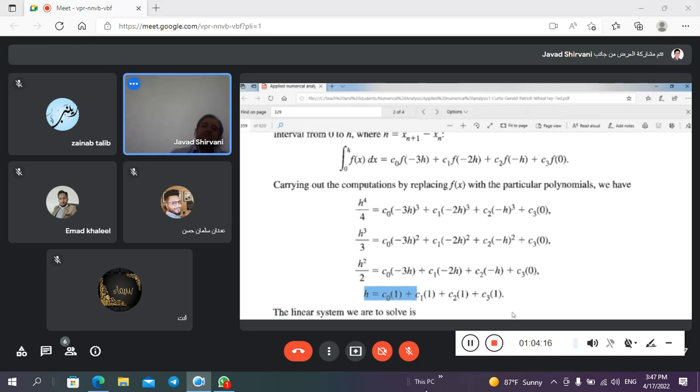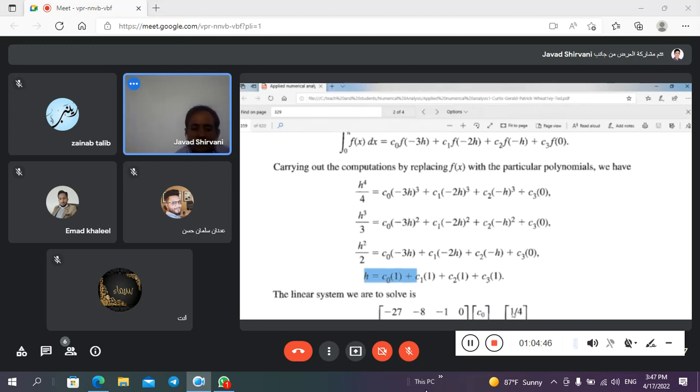And here we have 4 equations and 4 unknowns, c0, c1, c2, c3, and we can derive the values of constants c0, c1, c2, and c3 from this system of equations.